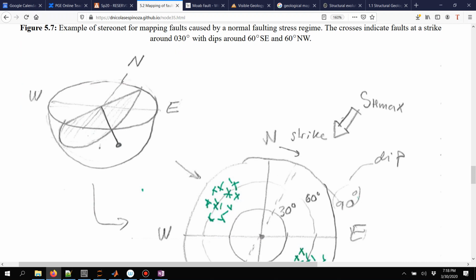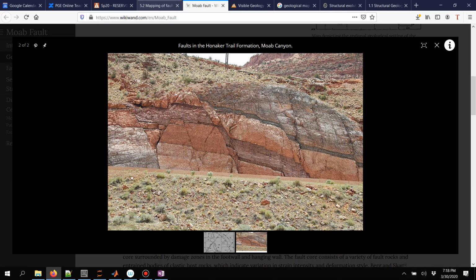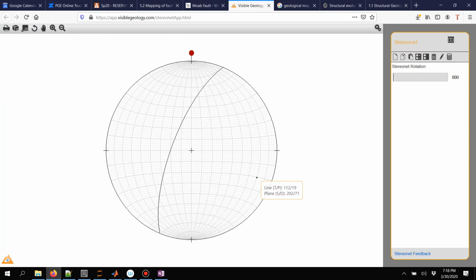Let's see. It's in a strike that is 30 degrees from the north towards the east and has a dip of, let's say, about 60 degrees. So that's going to be a dot somewhere over here.